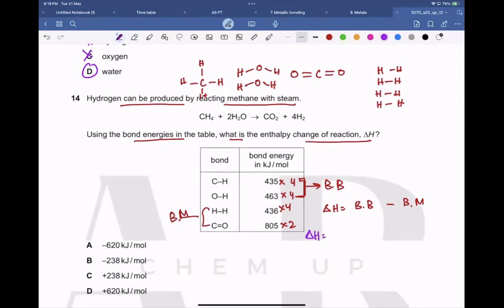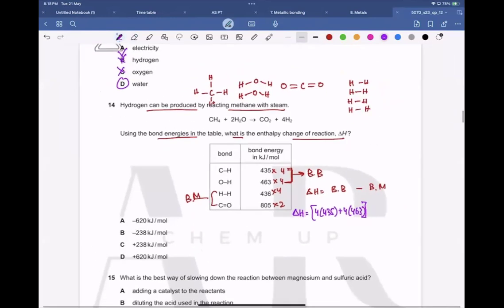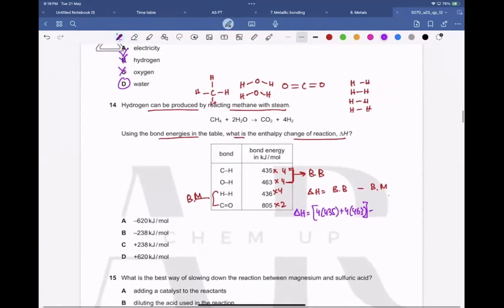So delta H is equal to bond breaking, meaning 4 times 435 plus 4 times 463, minus 4 times 436 plus 2 times 805.